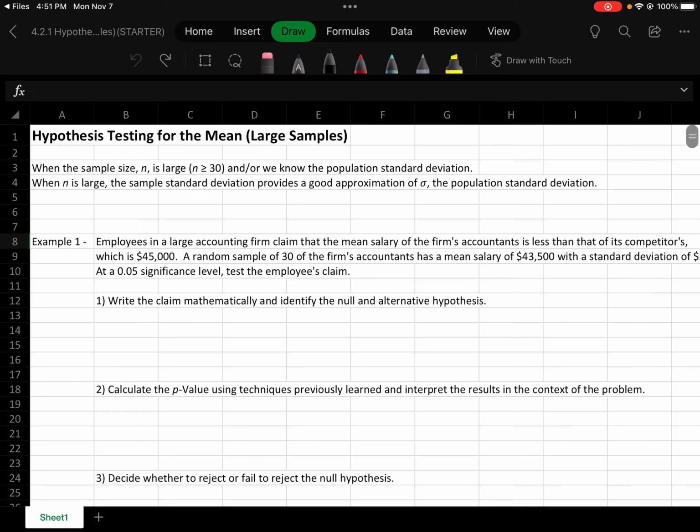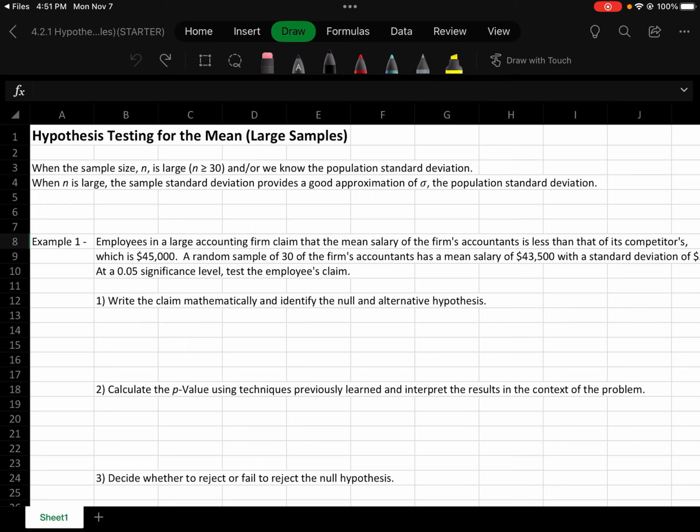So we have to be given some claim that has to do with the mean, and we're testing whether that claim is true or not. Or more specifically, we're testing to see if we have sufficient evidence to say that the original, historical mean is no longer true. So we would reject that.